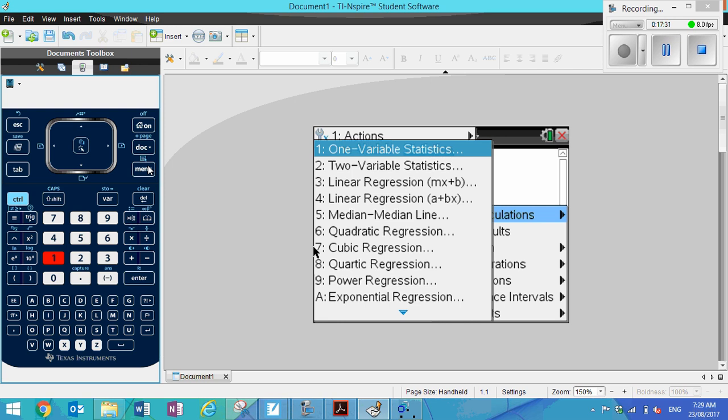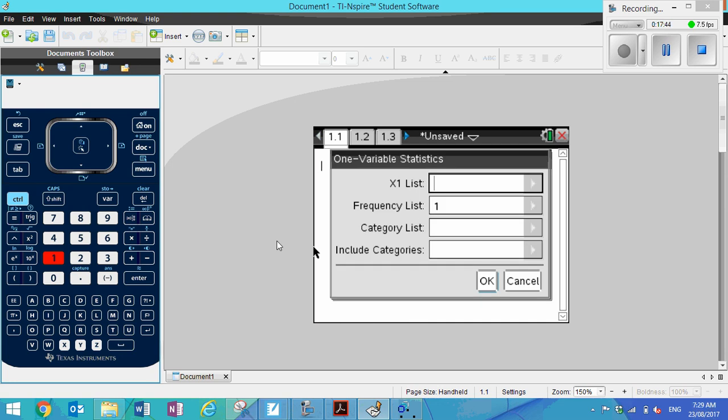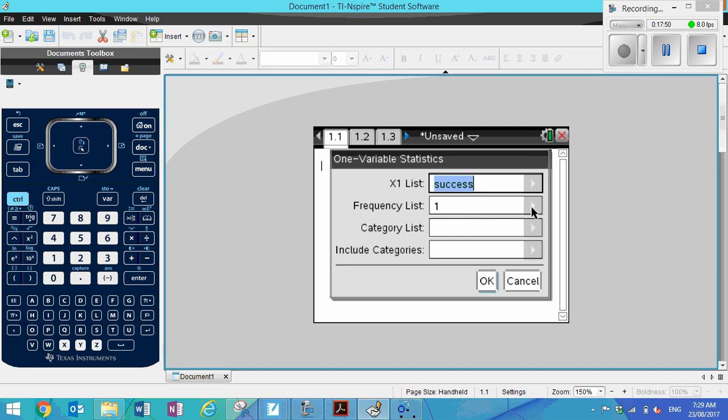We basically have one variable, which is our number of heads, and a frequency. So it's one variable statistics. We've got one list of data, so that's okay. Our data list is going to be our success column. The frequency is going to be the probability.